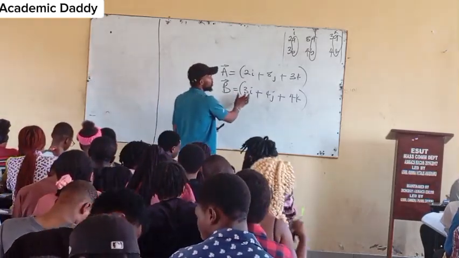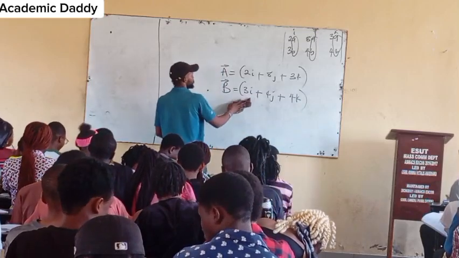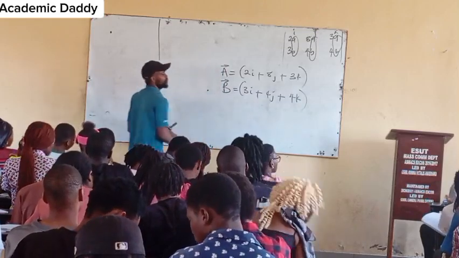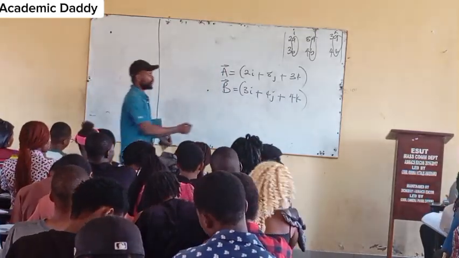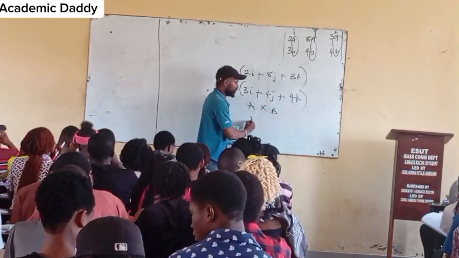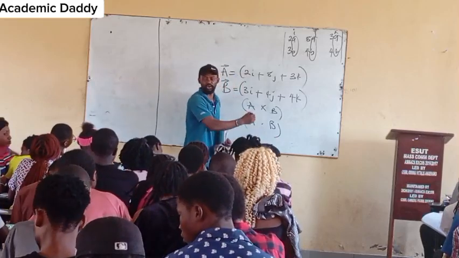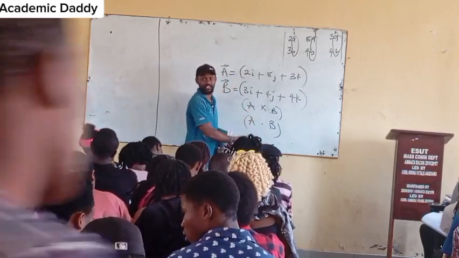This is your assignment. So, you do it for me. You will find that everything will go to A plus B. You find the A plus B, then you find the angle between them.